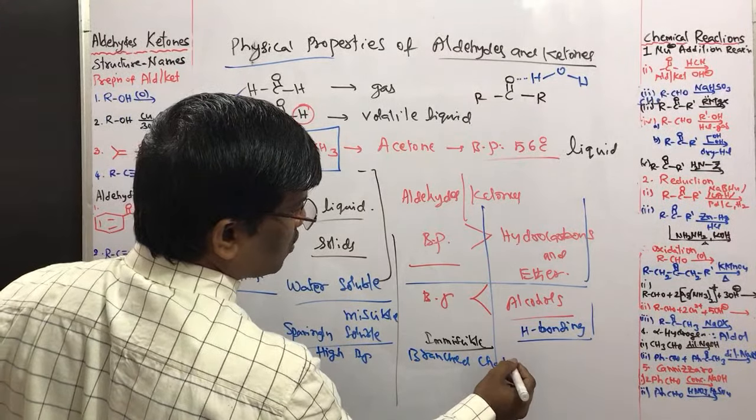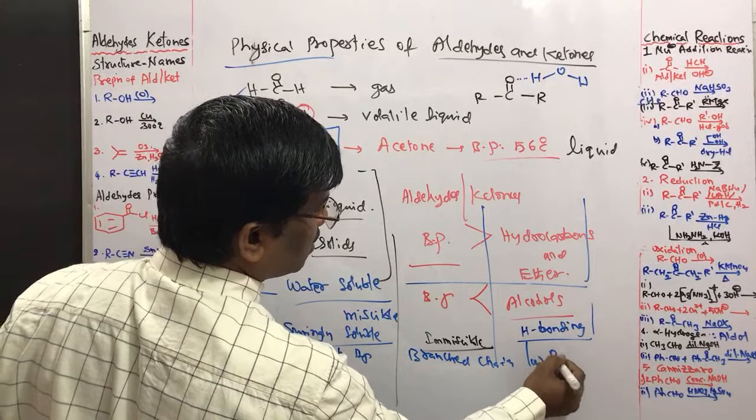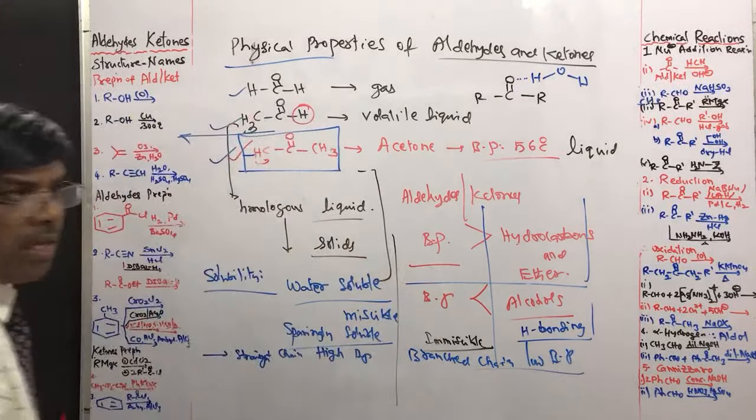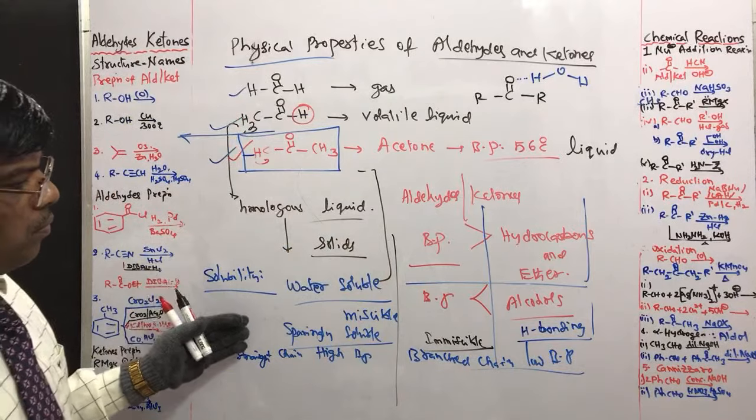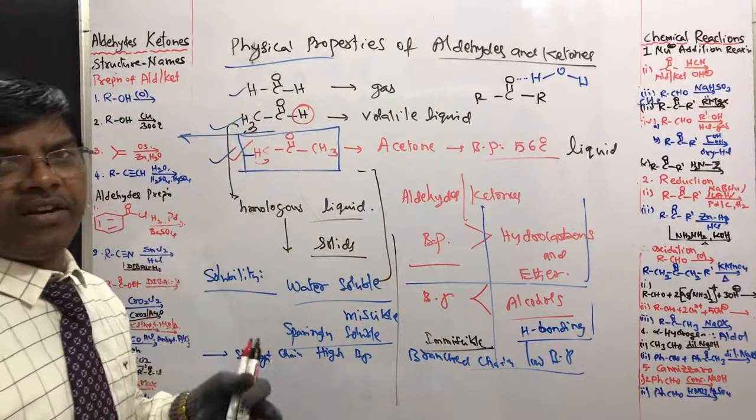Branched chain compounds will have low boiling points. So these are the physical properties of aldehydes and ketones.